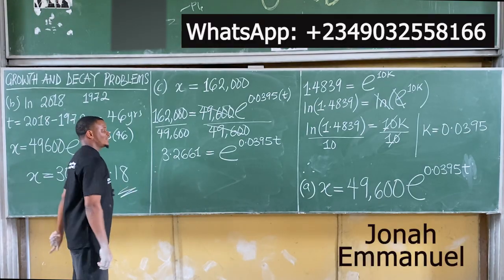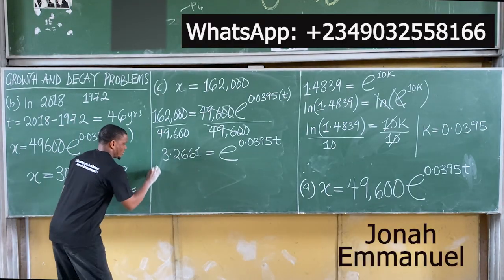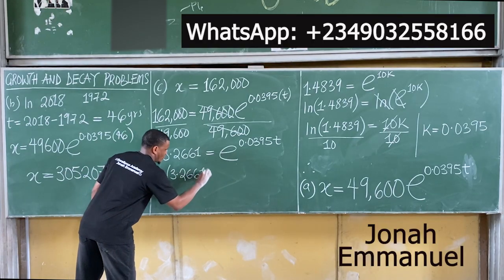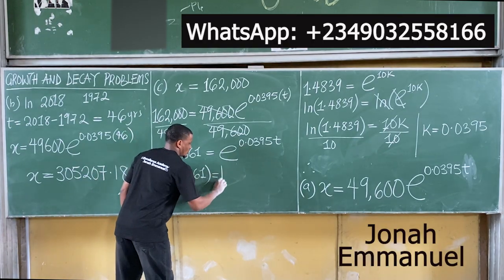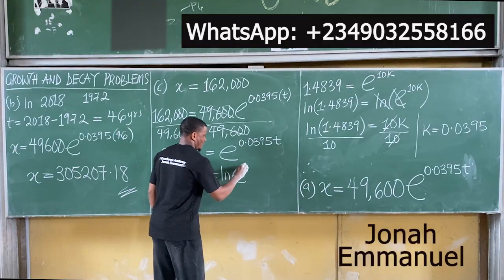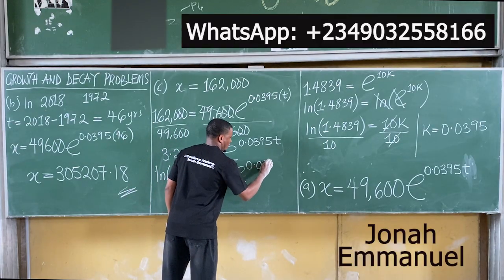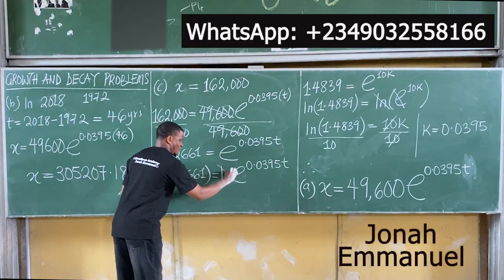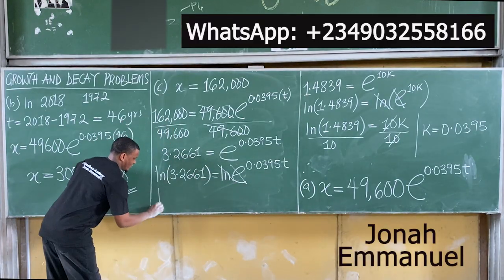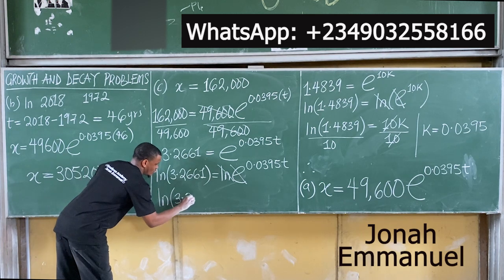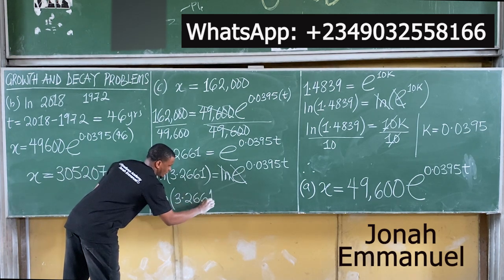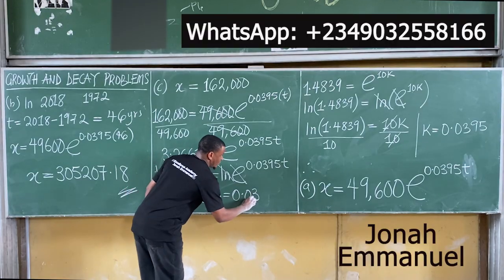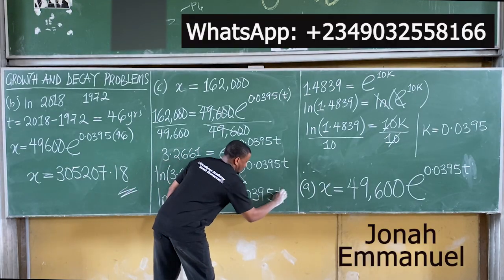Next up, to get the value of t, I'll take ln of both sides. So ln of 3.2661 is equal to ln exponential 0.0395t. From here, ln cancels exponential, it goes off. So I have ln of 3.2661 equal to 0.0395t.